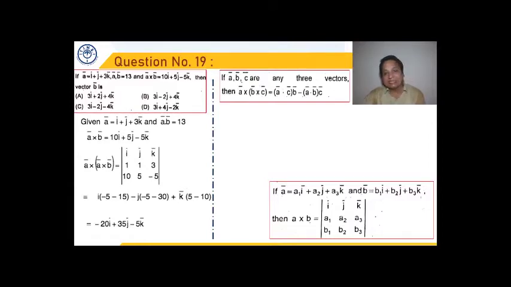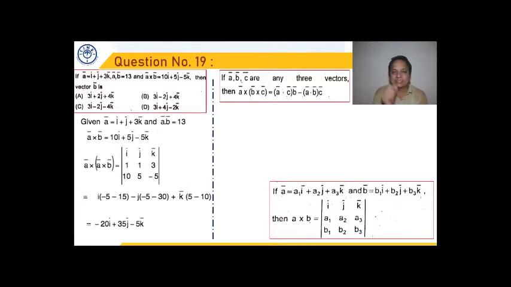If A, B, C are any three vectors, then A cross (B cross C) is solved as (A dot C) into B vector minus (A dot B) into C vector. We have solved it by this particular formula.